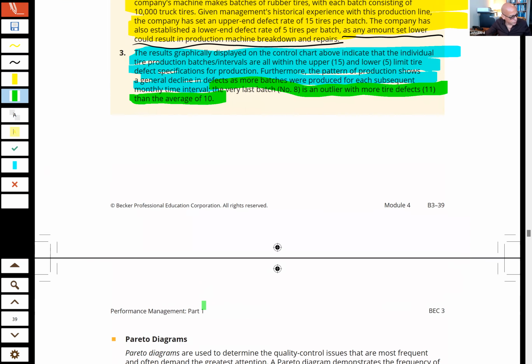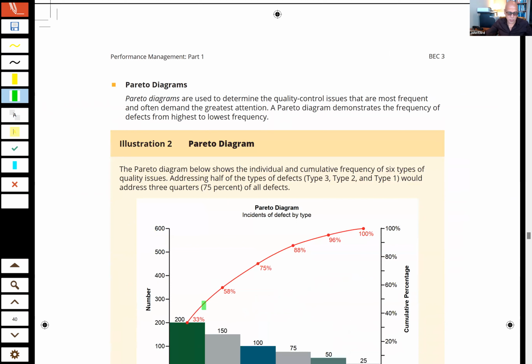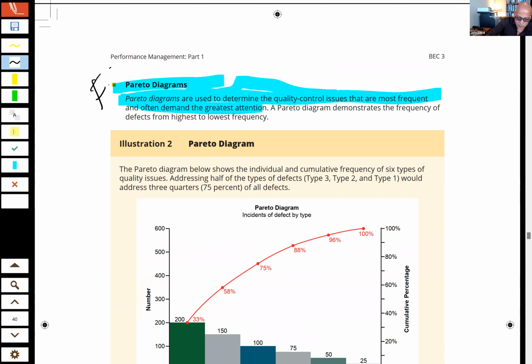Okay, good. We come over and we also have something called a Pareto diagram. I think Pareto is the name of the guy who came up with it. And it is a way of tracking what the causes of the defects are.